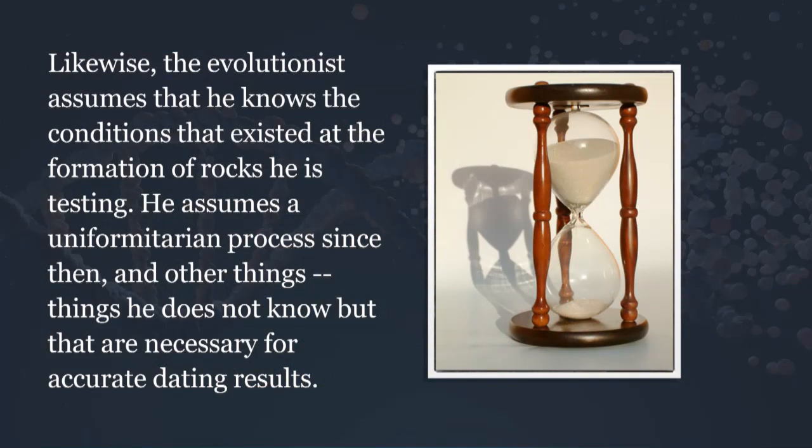Likewise, the evolutionist assumes that he knows the conditions that existed at the formation of the rocks he is testing. He assumes a uniformitarian process since then, and other things he does not know, but that are necessary for accurate dating results. So let's understand that Noah's flood, for example, would have dramatically changed things.